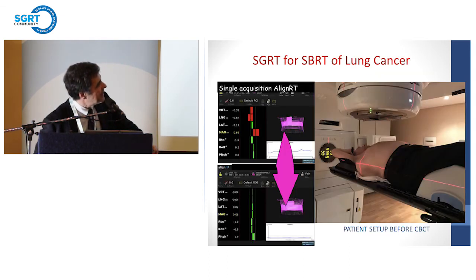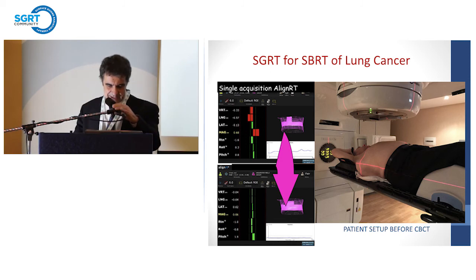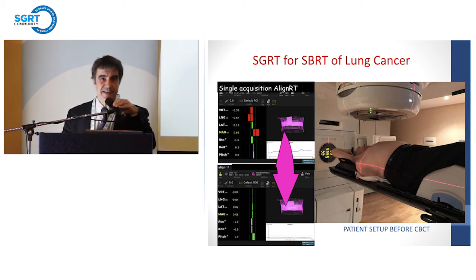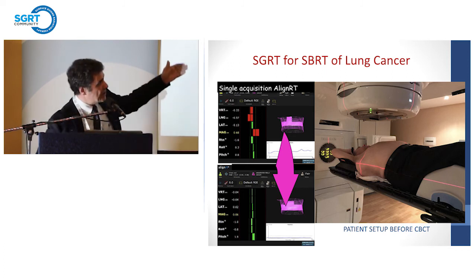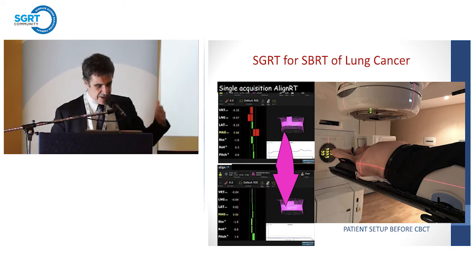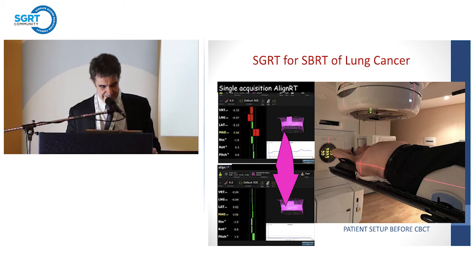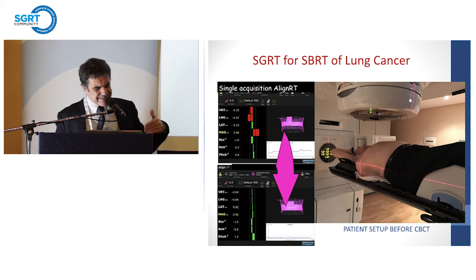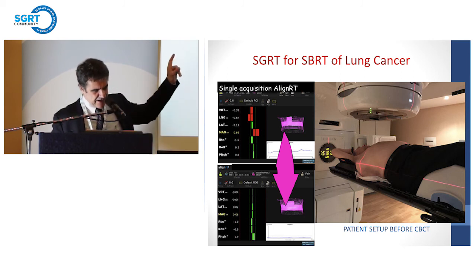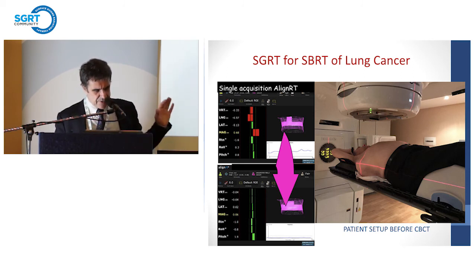Then, last but not least, lung cancer, but we are just approaching the issue. We use aligner T for the patient setup, and we correct the position if aligner T detects some errors, as you can see in the upper part of the picture.